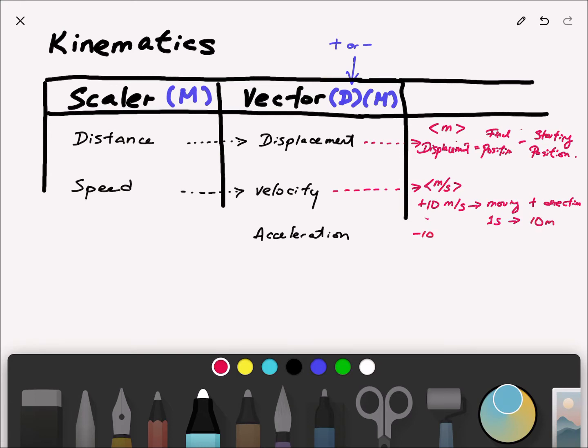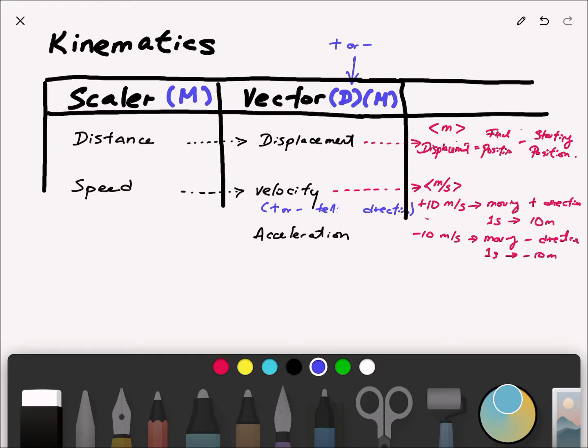If I have negative 10 meters per second, that means I am moving in the negative direction, 1 second, minus 10 meters. So in other words, the plus or the minus in your velocity will tell you the direction that the object is traveling.